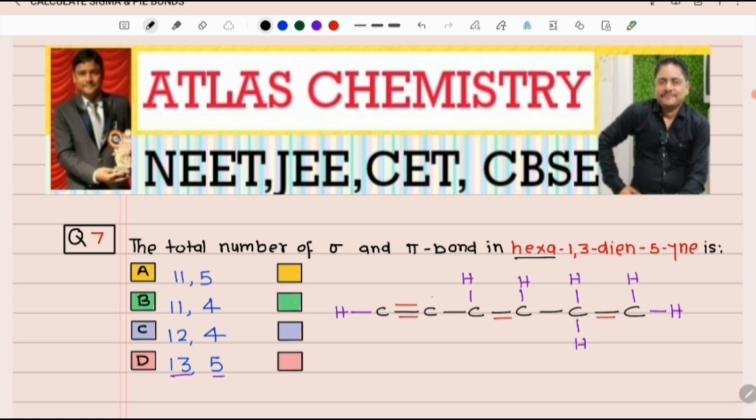So now we have to find the sigma bonds first. 1 sigma bond, 2 sigma bond, 3 sigma, 4, 5, 6, 7, 8, 9, 10, 11 and 12. So 12 sigma bonds are there.